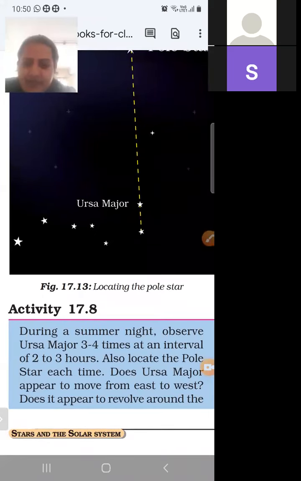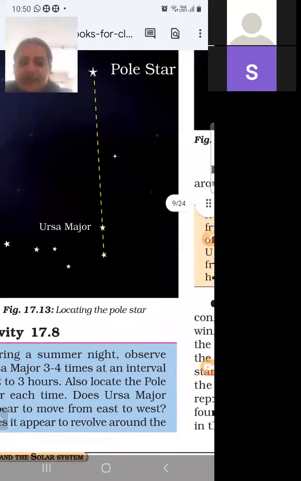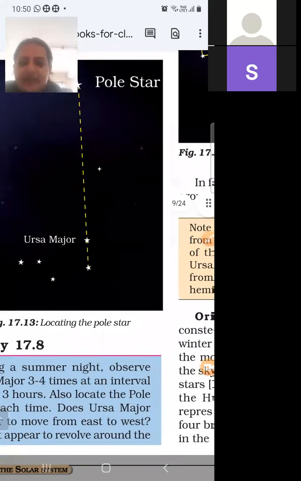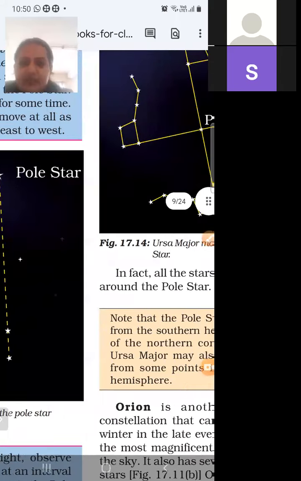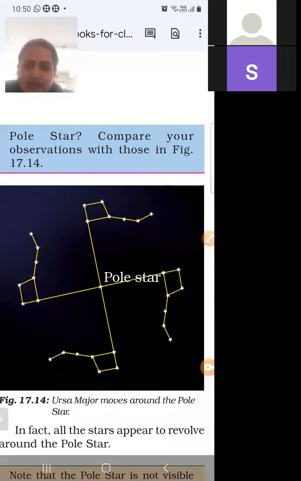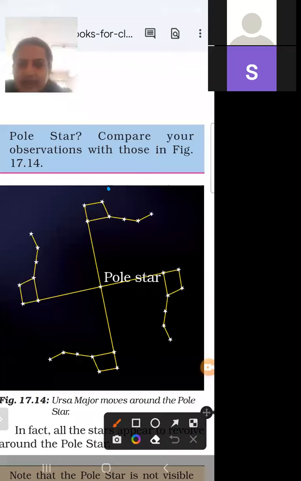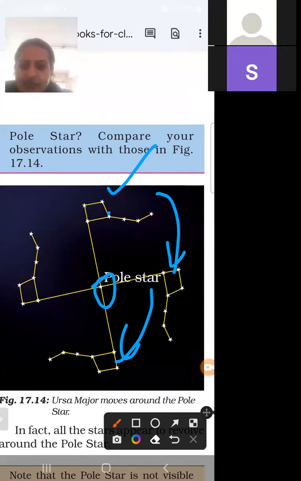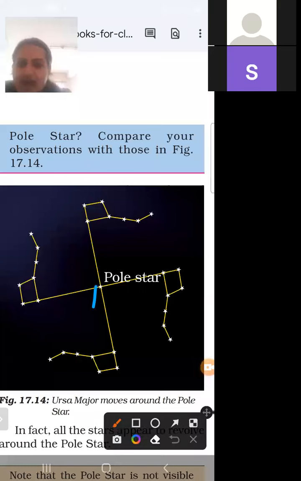Does Ursa Major appear to move from east to west? Does it appear to revolve around the pole star? Compare your observation in 17.14. This is our Ursa Major and this is the pole star. After some time it goes in this direction, but the pole star doesn't move.